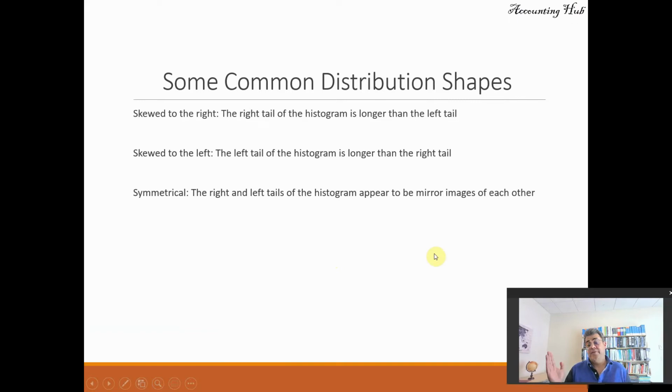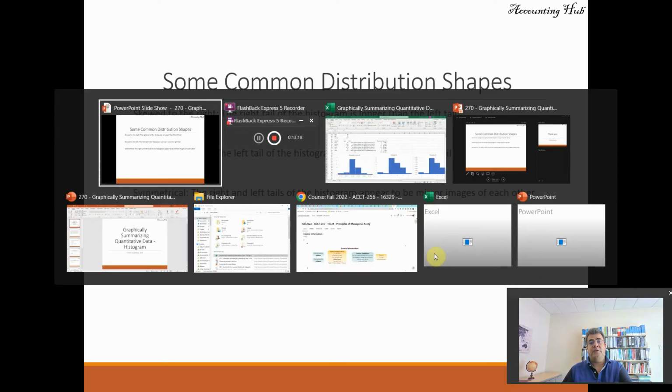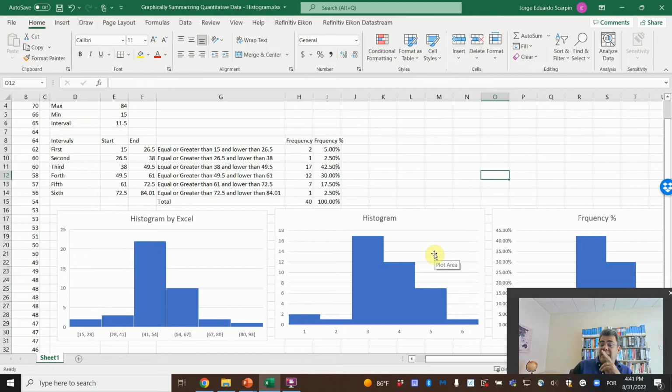Skewed to the right, skewed to the left. You are seeing it in the opposite because it's a mirror. And symmetrical. So skewed to the right, to the left, and symmetrical. What does it mean? We have 6 classes here.